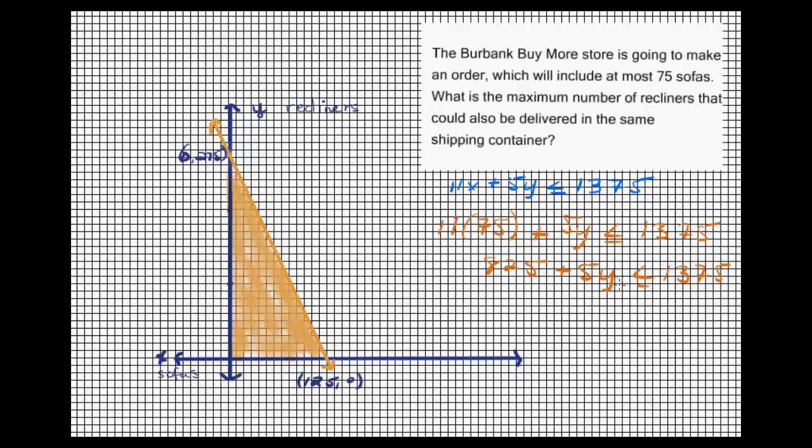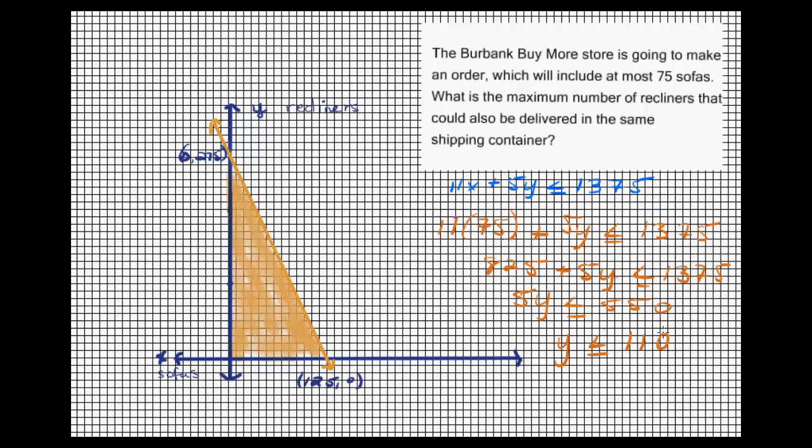Remember, we're trying to isolate y, so right now 825 is being added to it. To undo that, we're going to subtract it from both sides. So this side we're left with 5y, and then we subtract 825 from 1375, which is 550. And then y is still not by itself, it's being multiplied by 5, so we're going to divide by 5 to undo that multiplication. What you do to one side, you have to do to the other. And 550 divided by 5 is 110. So the maximum number of recliners that could also be shipped in the same container is 110.